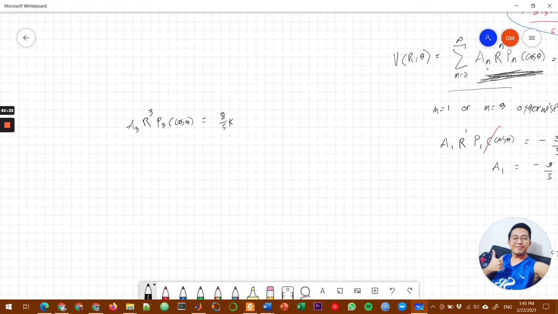So, mas nindot po siya if while nagtan-aw mo nga video, take notes mo para dali na niyo ma-review asa ko nag-base ani nga equation. So, you have p3 cosine theta. Again, cancel na siya. We are left with this. a3 is just 8 over 5 k over r cubed. Okay?